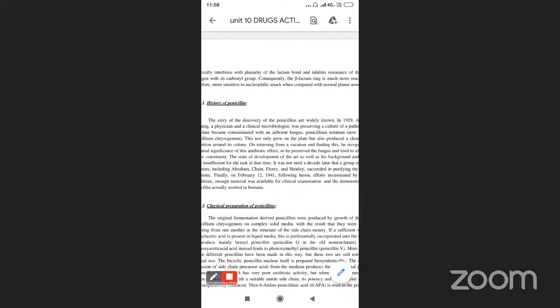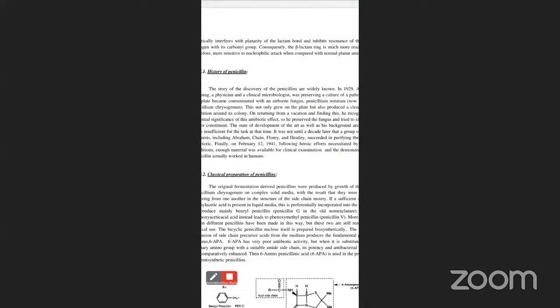The actual penicillin was synthesized by these three scientists, and active penicillin came into use in the market. So that is the history of penicillin.